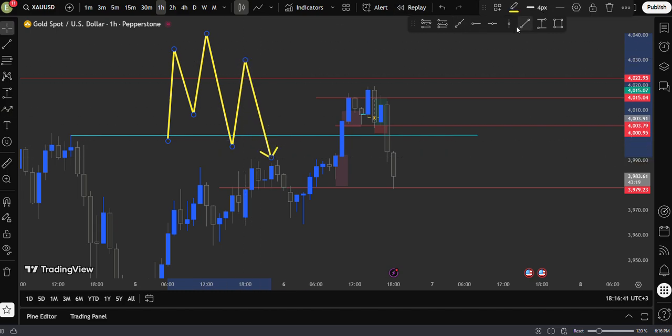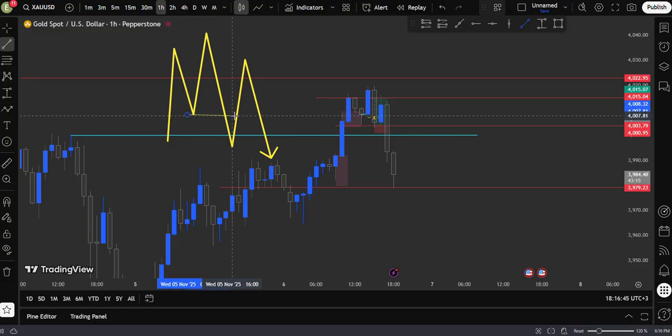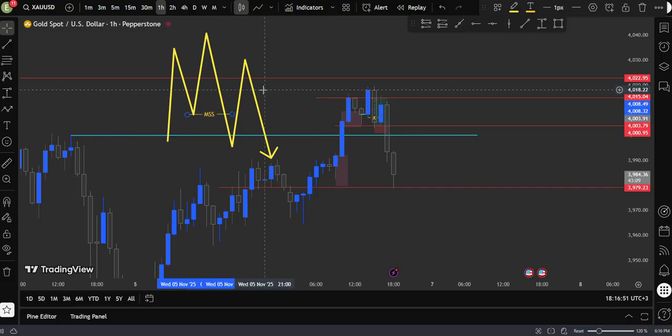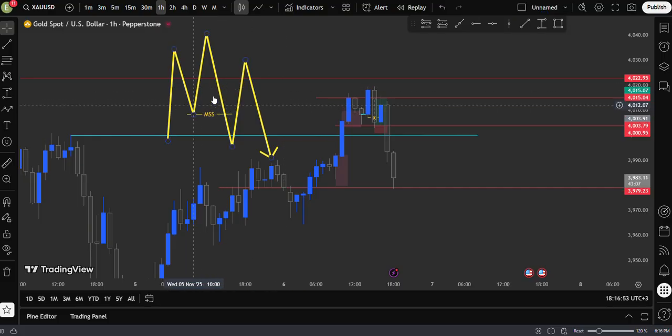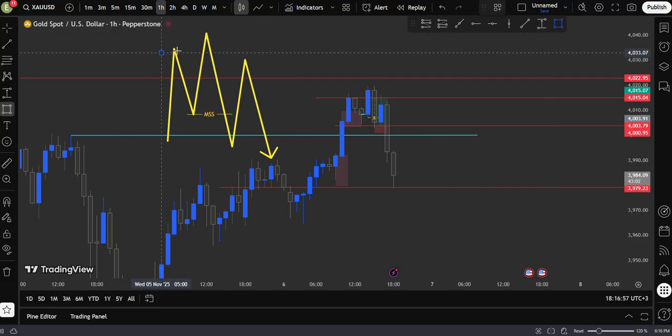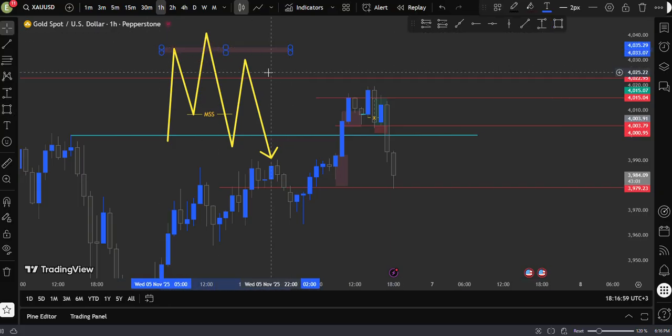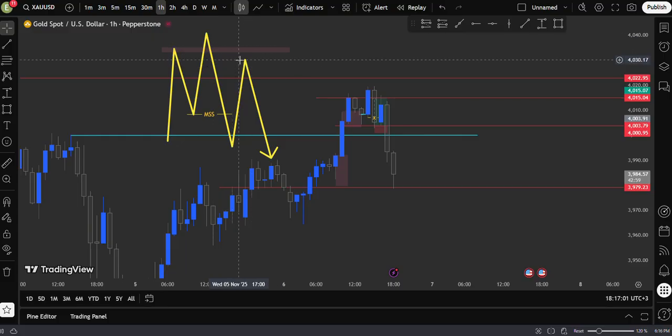If the market makes this market structure shift, a change of character, and leaves this left shoulder, we know the market is going to come back, tap this left shoulder, and push the market further down.